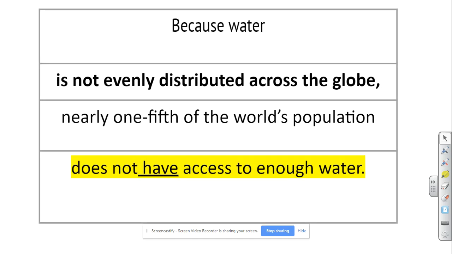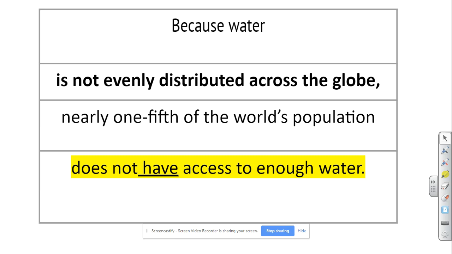Does not have access to enough water. What does this chunk tell us about 1/5 of the world's population? Yes, it is telling us that they can only get some of the water they need. I have underlined the verb have.